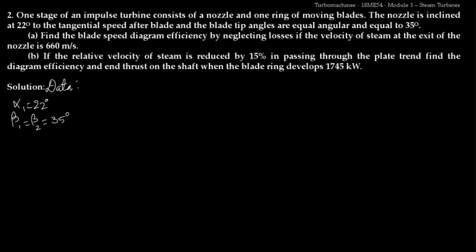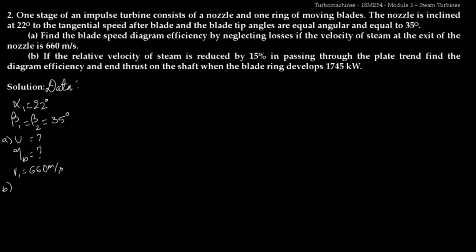Now we need to find the blade speed, that is we need to find u. For case A we need to find u, the blade speed, and then we need to find the diagram efficiency, which is nothing but the stage efficiency, but here I have only the blade, no efficiency of nozzle is given, so I'll call that eta b itself. And in this case v1 will be equal to 660 meter per second.